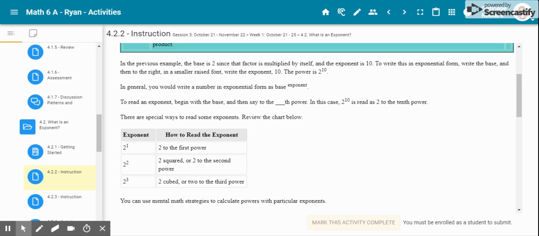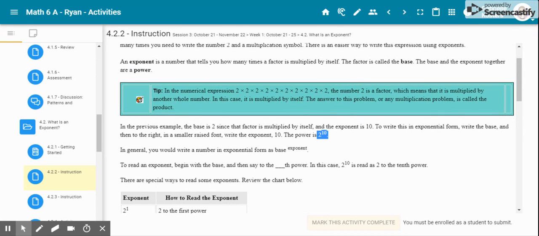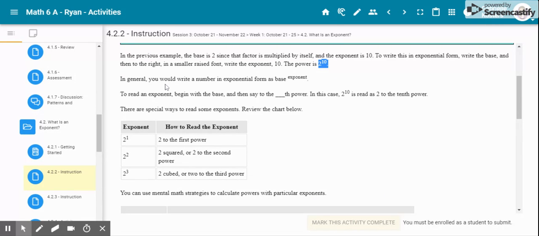So the power is 2 to the 10th, and we would say this as 2 to the 10th power. You could write that example down. You could write the multiplication equation that's listed above, 2 times itself 10 times, and show that written in exponential form, that would be 2 to the 10th power. So it's multiplied by itself 10 times.